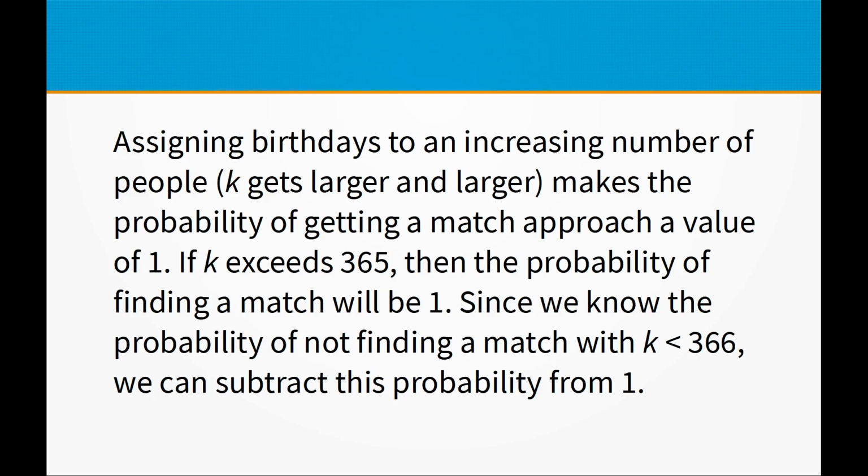And if we have more people than there are possible birthdays, meaning k equal to or larger than 366, then the probability of finding a match is 1. So we're concerned with a range of people between 2 and 365, including 365.